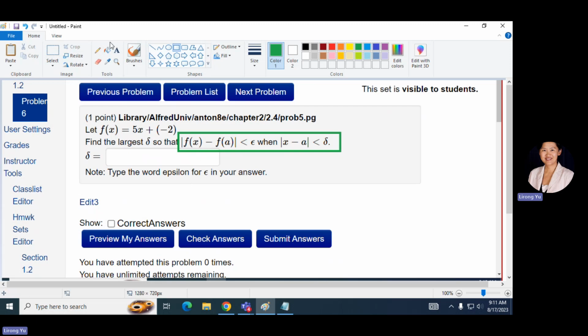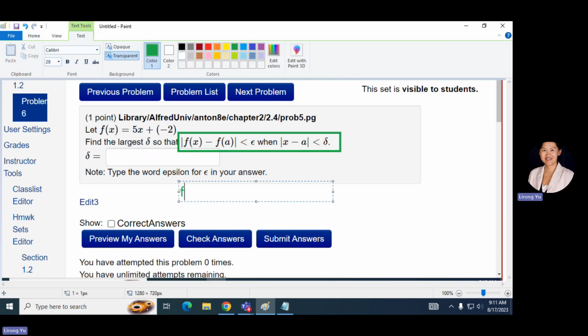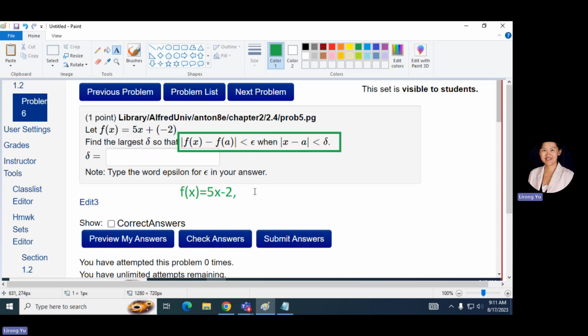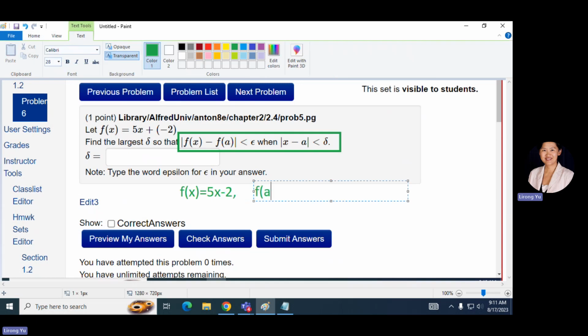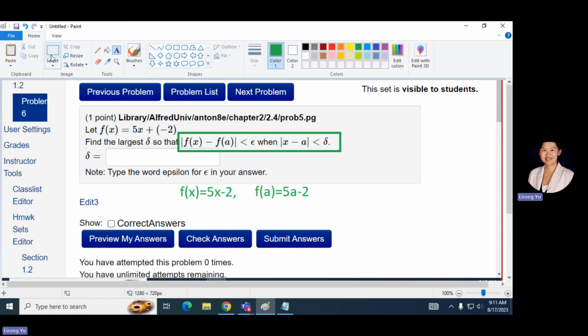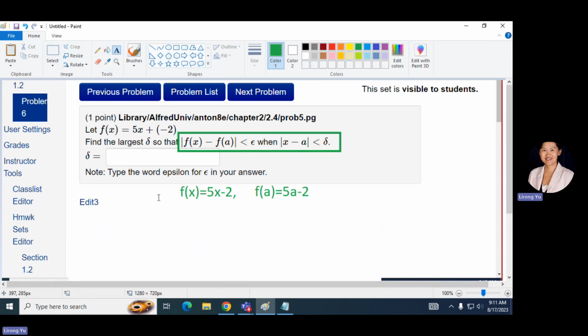So with f of x, we have f of x equal to 5x minus 2, and we were supposed to subtract them, so we also need to know f of a. A is the algebraic notation, so replace x by a, and we have 5a minus 2. Similarly, we're going to write out what we intend to have.